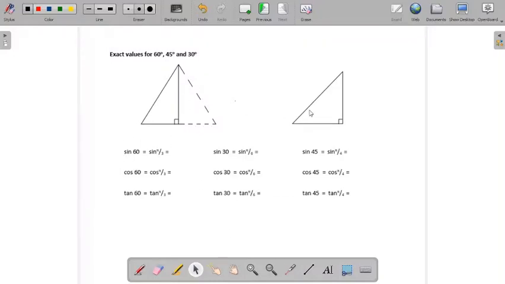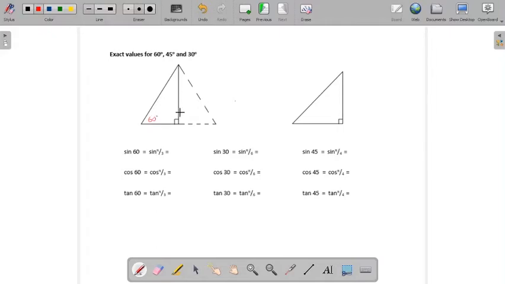In terms of understanding how we obtain exact values, we're looking at some particular triangles. This first triangle here is an equilateral triangle.